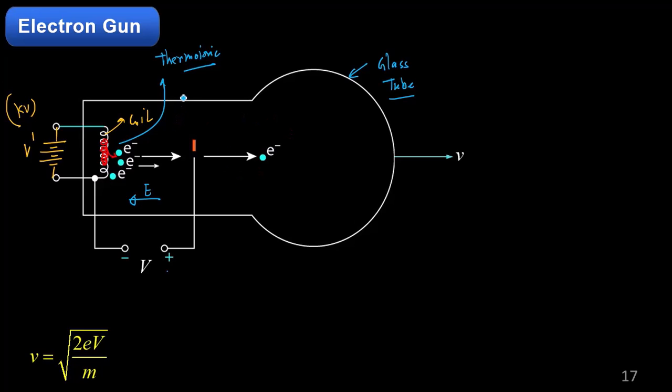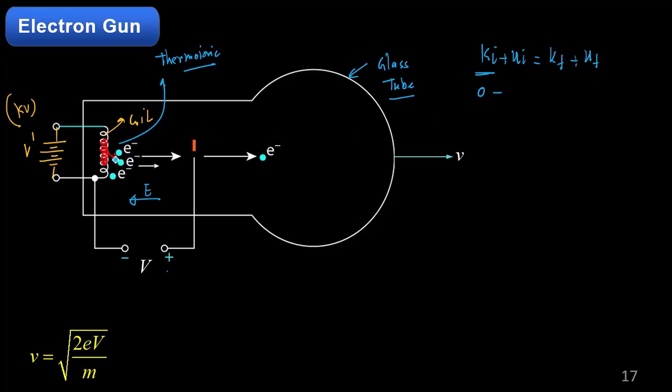Now you want to calculate the velocity with which the electron is coming out. For that, we apply the energy equation between the initial and final points: Ki plus Ui is equal to Kf plus Uf. Ki is the initial kinetic energy. The initial kinetic energy is 0, as electrons are emitted from the metal coil. Now what is the potential energy?